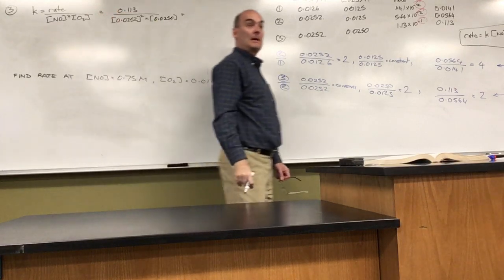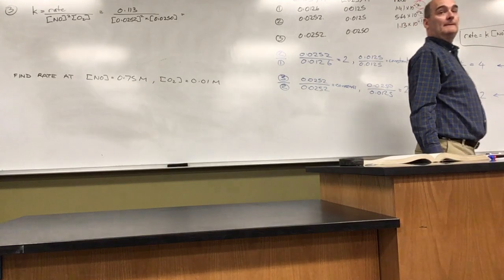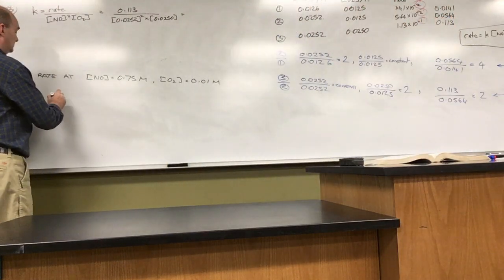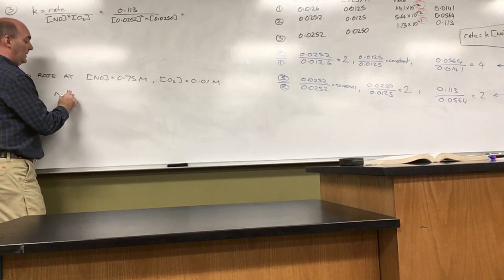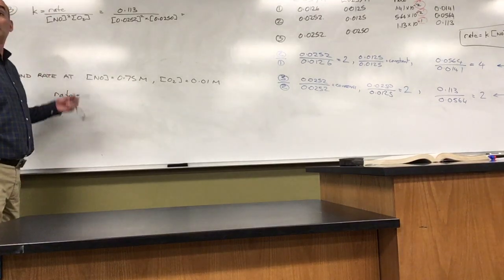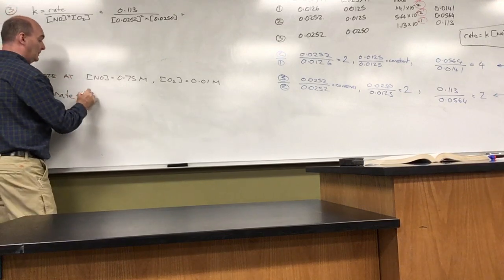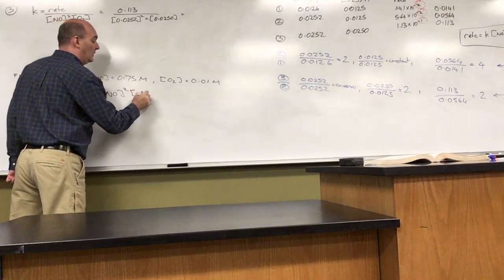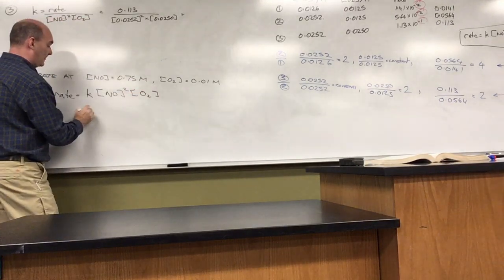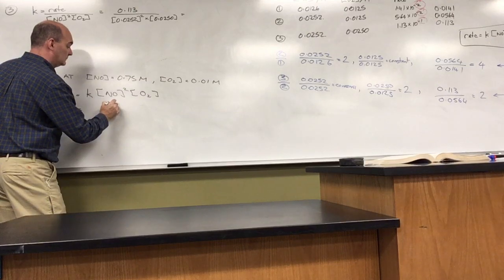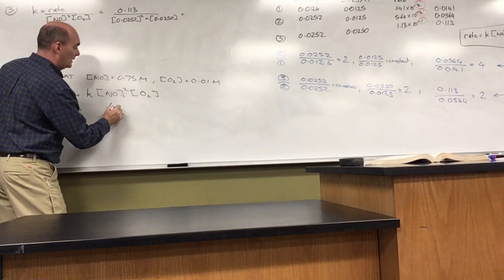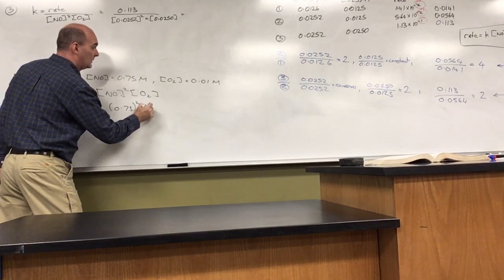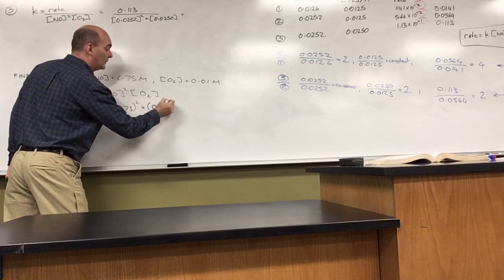Okay. That will give you a value for K. And then I can find the rate at some completely new number, because the rate equals K times NO squared O2, 0.75 squared times 0.01.